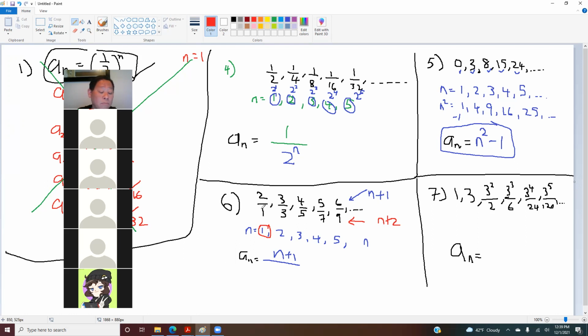Do you get 1? No, you get 3. Oh, so this is no good. Good try. N times 2 minus 1. That means 2n minus 1. So n times 2 means 2n, right? 2n minus 1. Again, plug it.